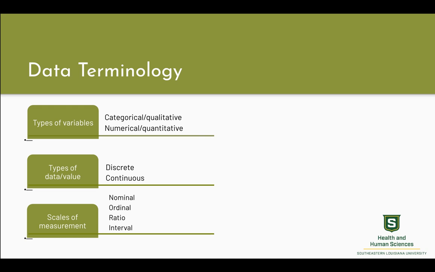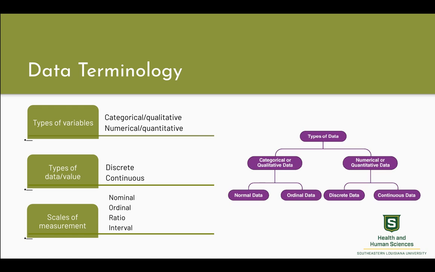You may also see an image like this when you talk about types of data, and here everything is all jumbled up together, and it tries to demarcate or separate it. So you have this categorical variable, although they use the word data here, and you have numerical data as well. Under categorical, you may be dealing with nominal data or ordinal data.